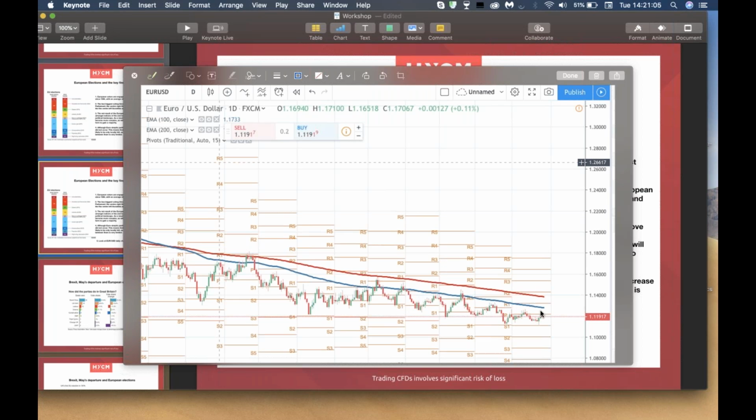Key overhead resistance is at the 1.2 level. And then here, just above the resistance 1 level and the 100 EMA level, is the second, more key overhead resistance point. As long as we're staying below 1.1200 on this pivot point, I favor more downside. If we break above, then I fancy a test of the 100 exponential moving average.